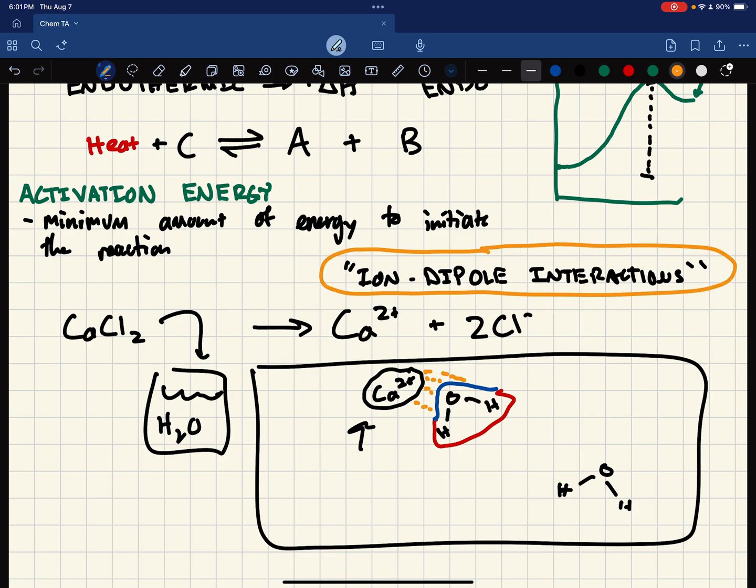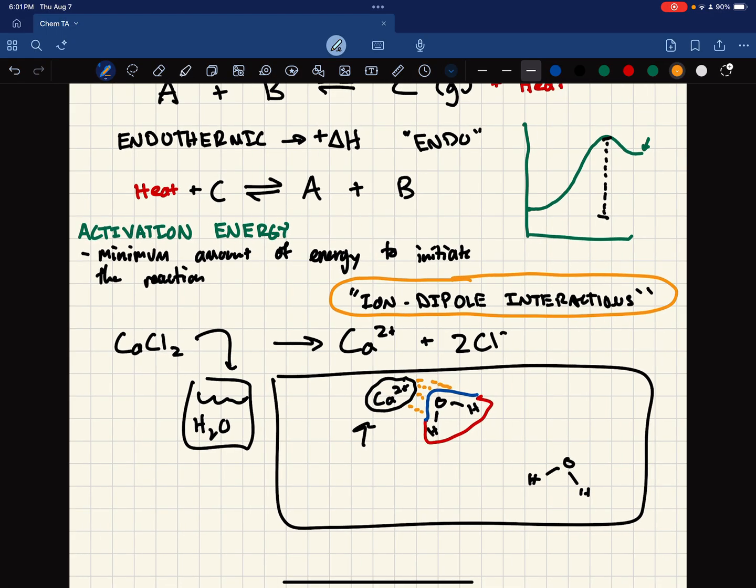Ion-dipole interactions are the strongest type. So it's super stable, and chemistry loves stability. That's what everyone likes, and that's what the world likes. So this is going to be exothermic because, like I said, exothermic usually makes it more stable. It releases energy and it makes something more stable.